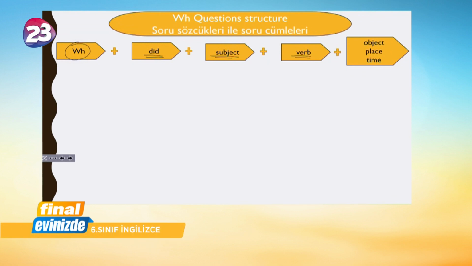But we need to be careful, okay? Only there is one difference between yes-no questions and double H questions. What's that? We add double H in the beginning of the sentence, then it becomes double H questions. All right, let's go ahead.